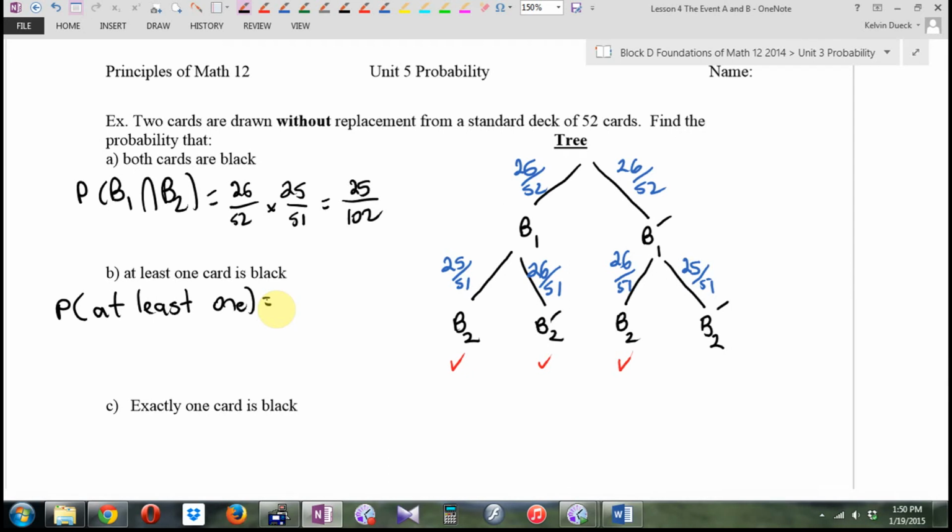Anybody see a shorter way that I could find at least one without multiplying three separate branches and adding them together? 26 over 52 times 25 over 51 times 26 over 52 times 26 over 51... No, squared.